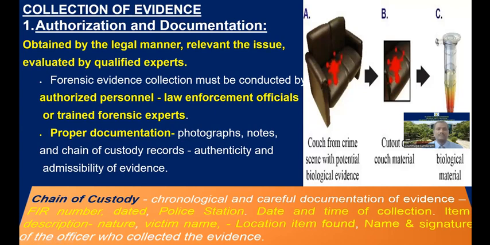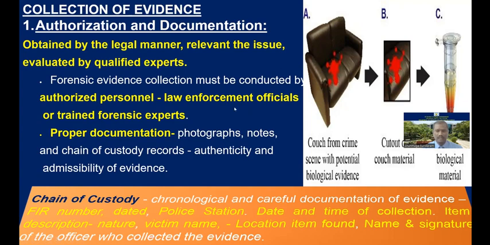Here we need to obtain it in a legal manner, and the relevant issue is evaluated by a qualified expert. This is very important for authorization. Forensic evidence collection must be conducted by authorized personnel, law enforcement officials, and trained forensic experts. So these are the three kinds of people only allowed to collect the evidence.